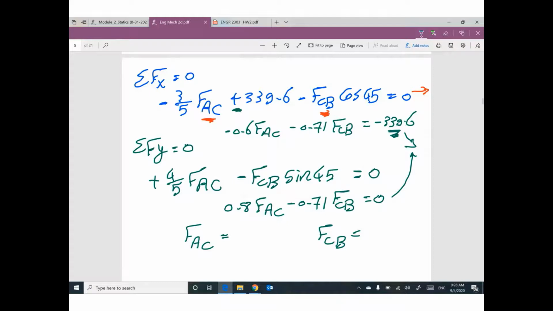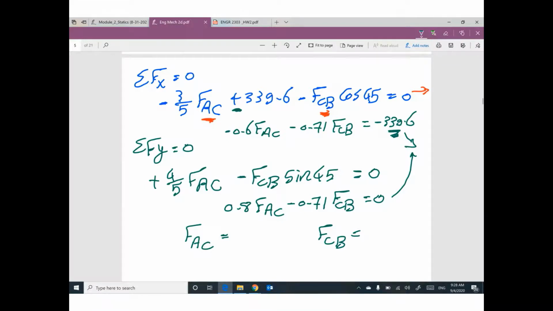Negative 0.6, negative 0.71, and negative 339.6; 0.8, negative 0.71, and 0.